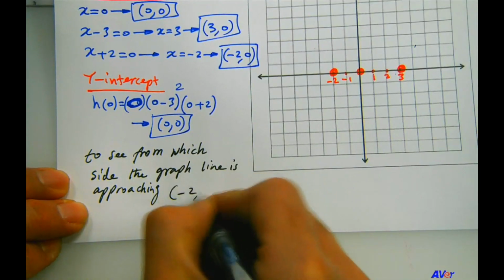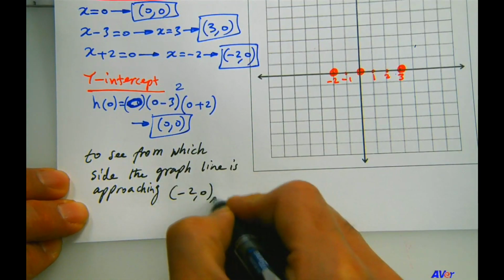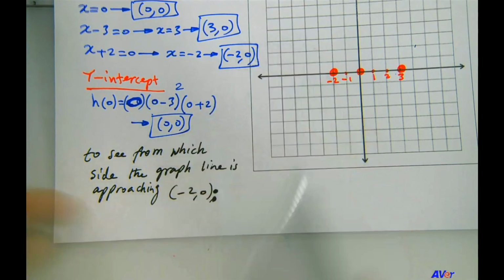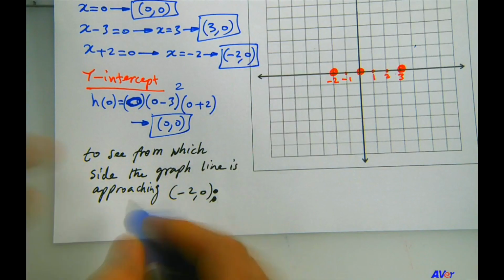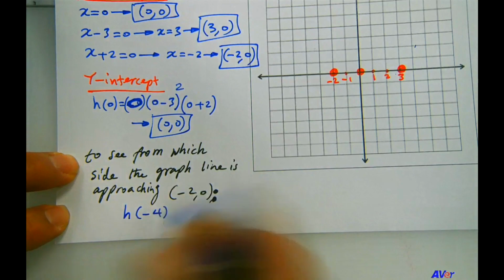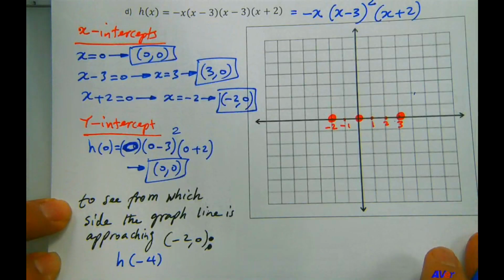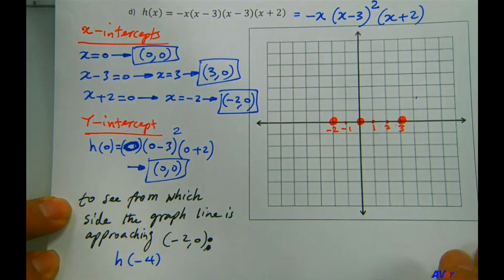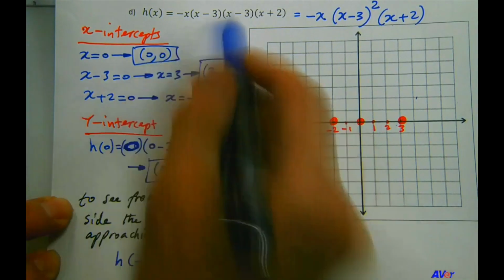Let's pick, just like I said, -4, right? So h at -4. Let me see if I can bring this up. You can barely see everything on the screen. As much as possible, I like to put everything on the screen. So there, you have the function up there.